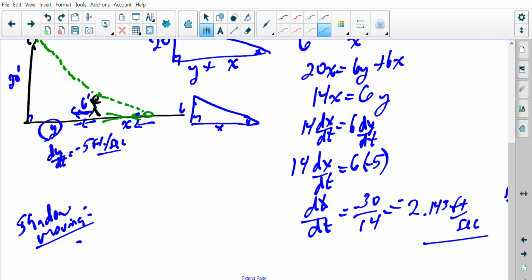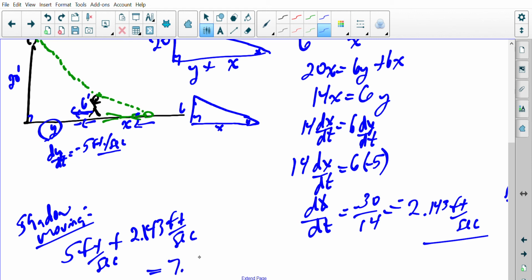So it's going to move at the 5 feet per second. But at the same time that's happening, remember the head of the shadow is getting shorter, so it's actually moving in this way. So it's actually going to be going at 2.143 feet per second. So you've got to combine those two together to say, well, the shadow in total is traveling at 7.143 feet per second.